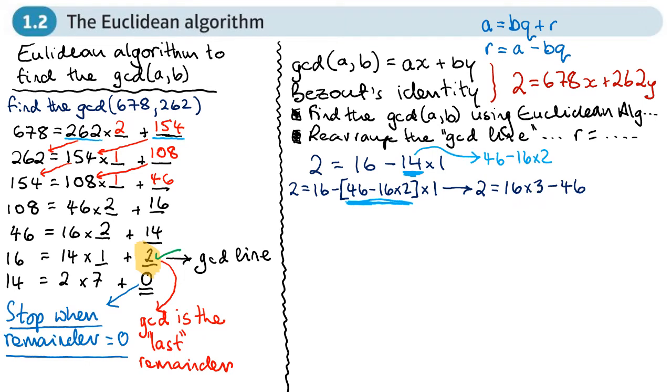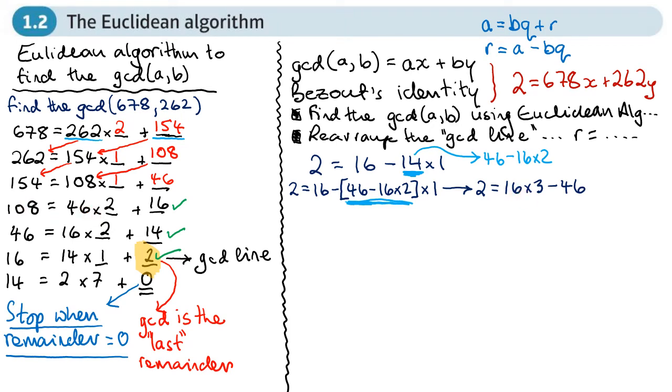Now the next line is going to be, well, let's tick the line that we used. So we've just used that one. Now we've got 16, and we're going to use this line to write 16 as 108 minus 46 times 2.